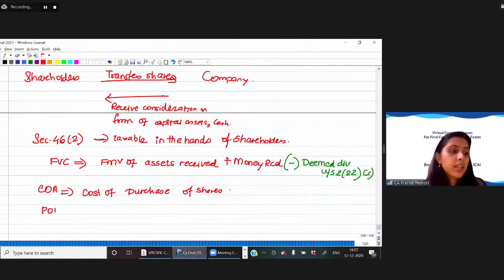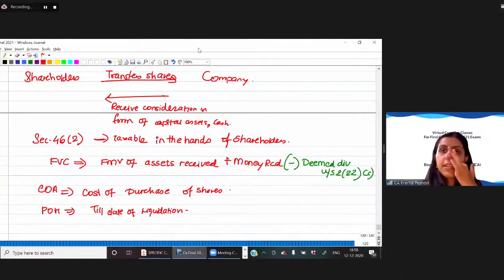Period of holding: date of purchase till date of liquidation. Is it clear with you? Any doubts with respect to this concept?